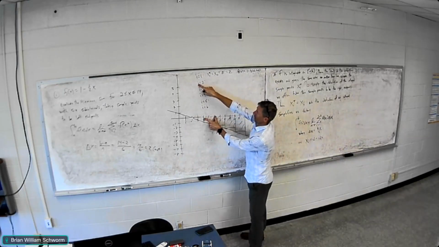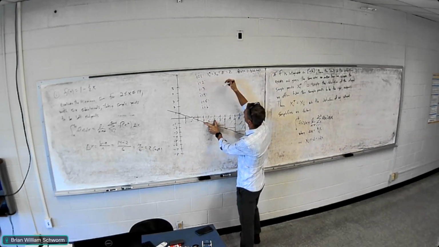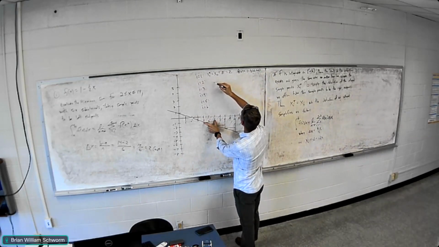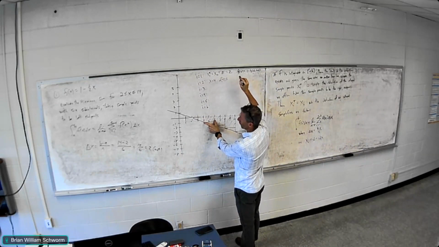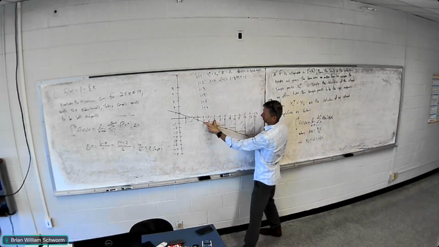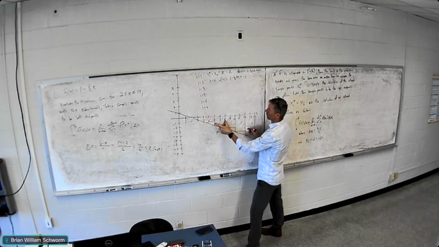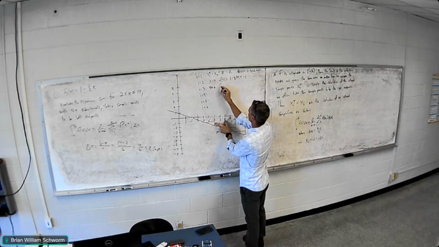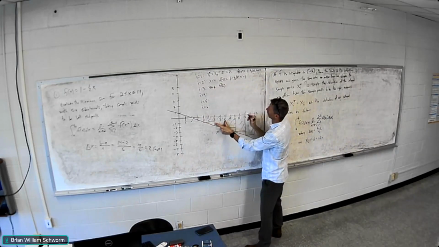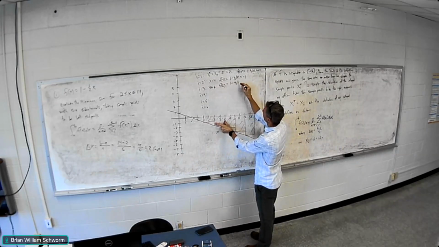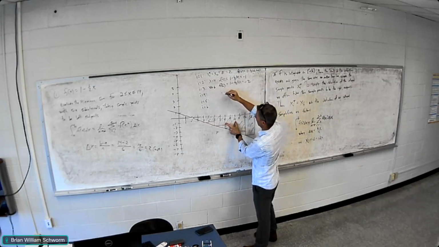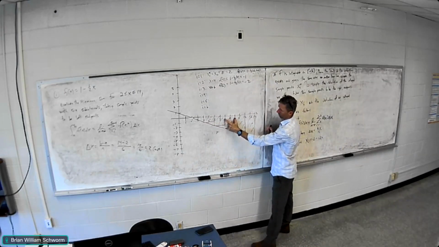For the second rectangle, the x value there is 4. I'm running out of time, so I'm going to do this quickly. F of 4 is -1. For the third one, the x value is 6, the left side of that third rectangle. Get -2. Fourth one, the x value they want me to use is on the left side there, 8.